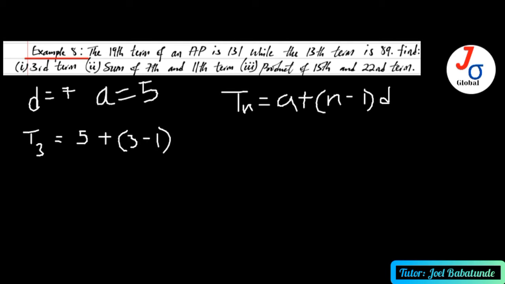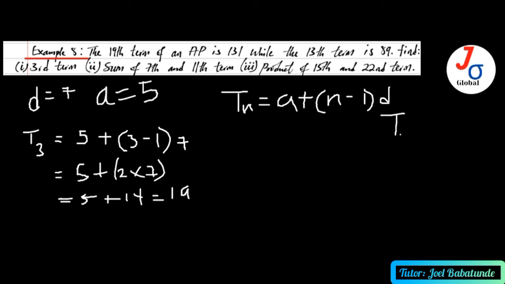Then what's your D? Your D is 7. So you get 5 plus (3 minus 1), 2 times 7, so 5 plus 14, which is 19. Hence T3 is equal to 19.